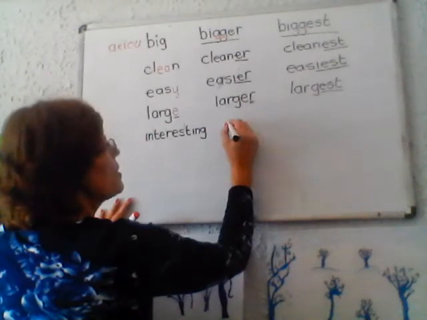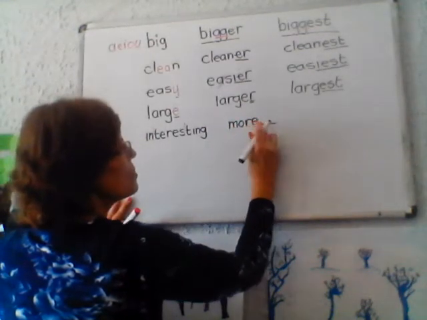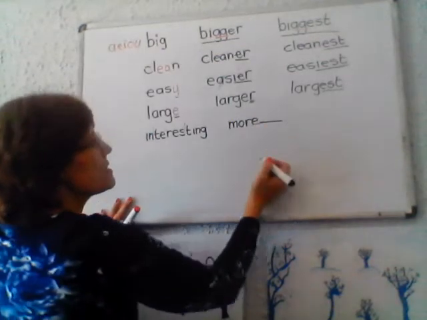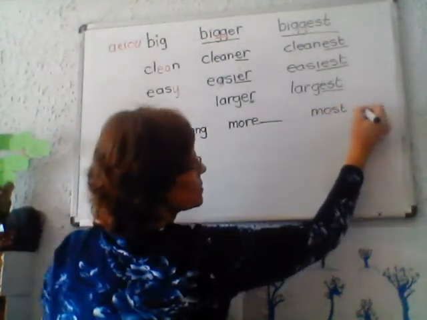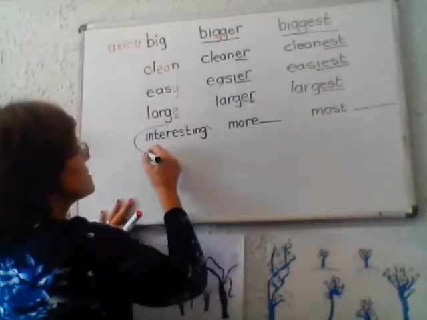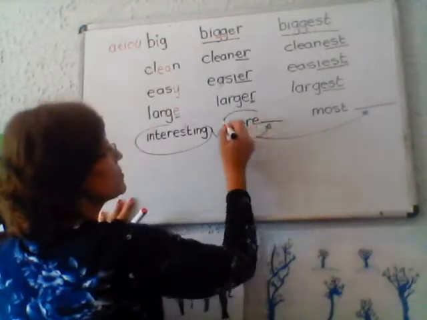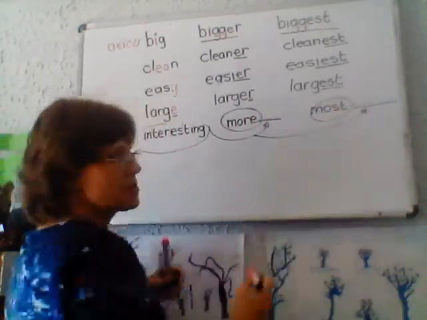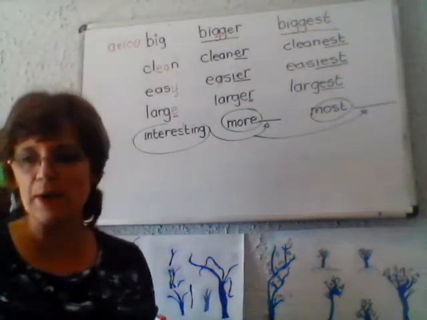It will be more interesting, and most interesting. The word stays the same, but you add the word more and most. That's something you have to remember when you do words of comparison.